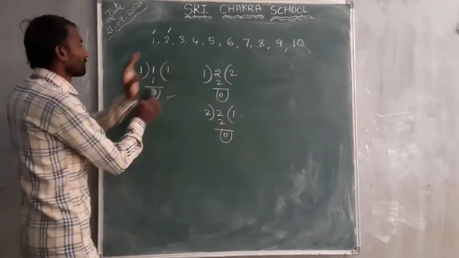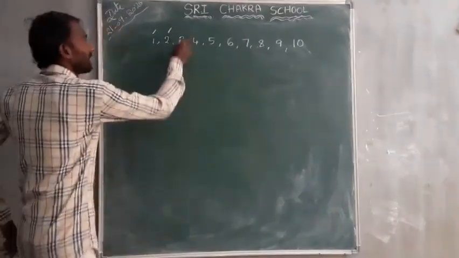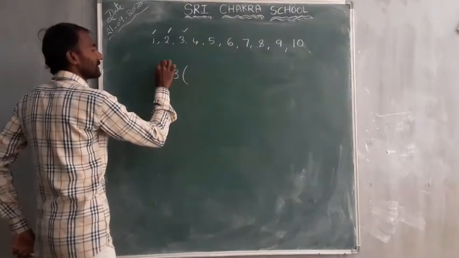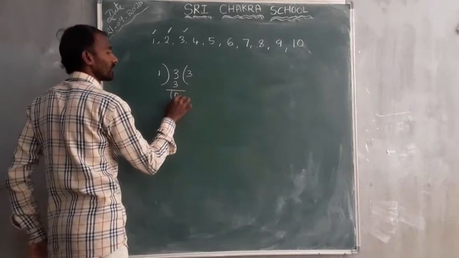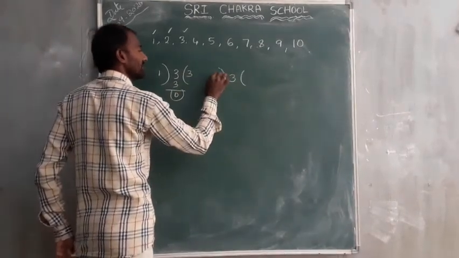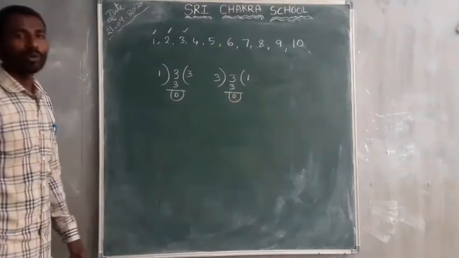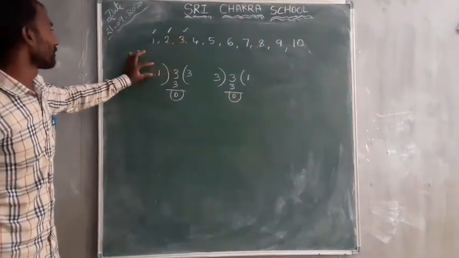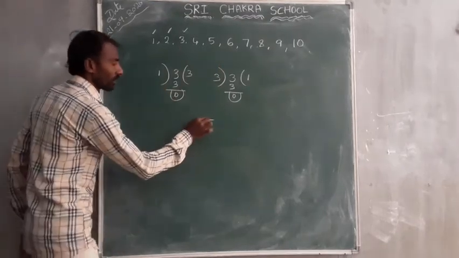Let us take another number 3. 3 is divided by 1. 1 3 is 3. 0. And 3 is divided by 3. 3 ones are 3 with the 0. Okay. So 3 is also divided by 1 and 3.